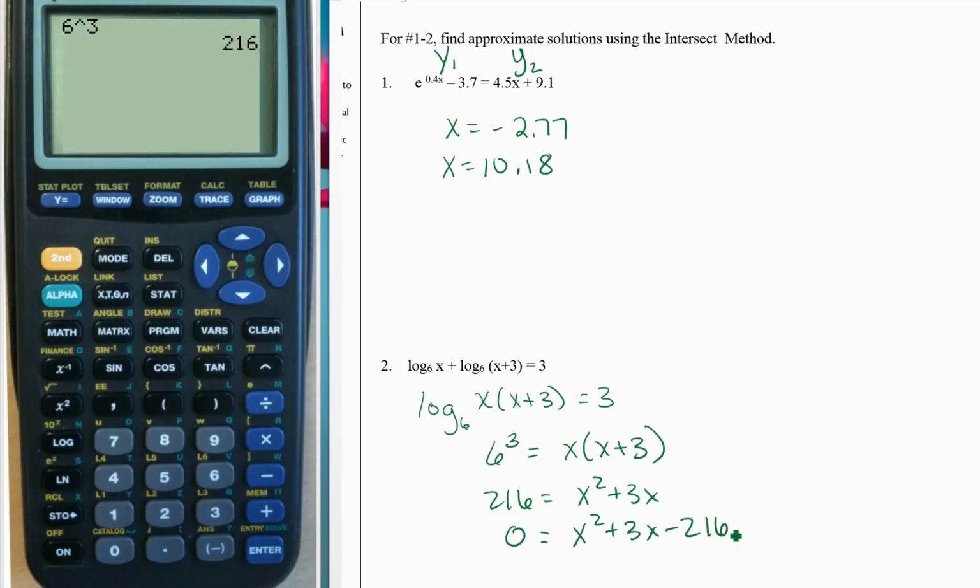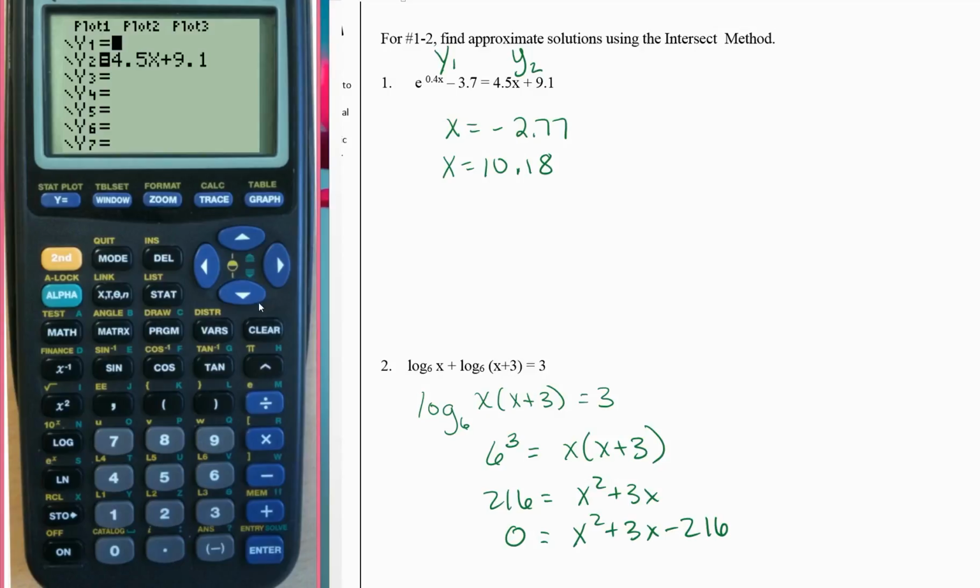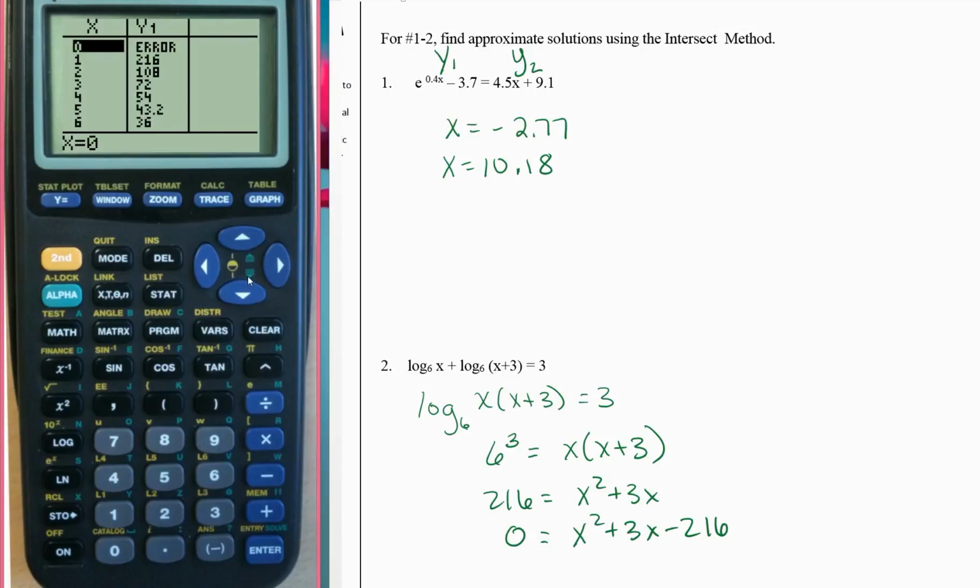And now we would need two factors of 216 that add to 3. Well, if we put in here, just to help us out real quick, 216 divided by x, and go to our table. So we'd have 6 and 36.